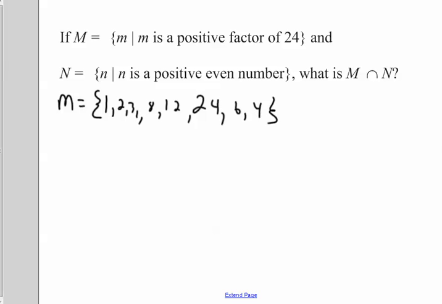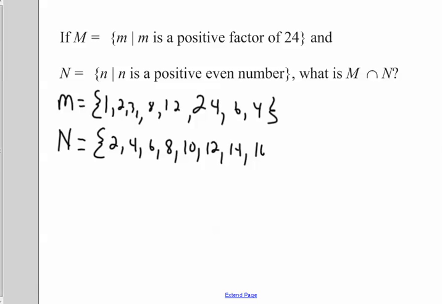The nice thing about sets is they don't have to be in specific orders. And then N is a positive even number. This would be 2, 4, 6, 8, 10, 12, 14, 16, 18, 20, 22, 24, dot, dot, dot. I did that on purpose.